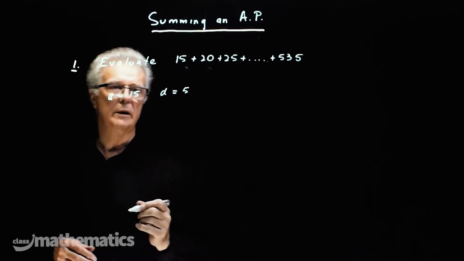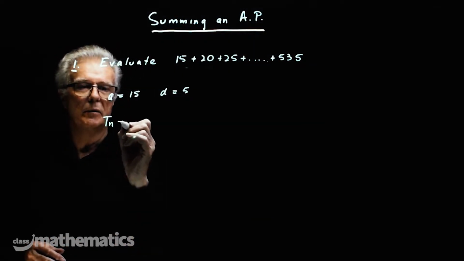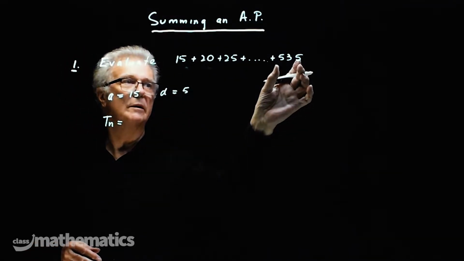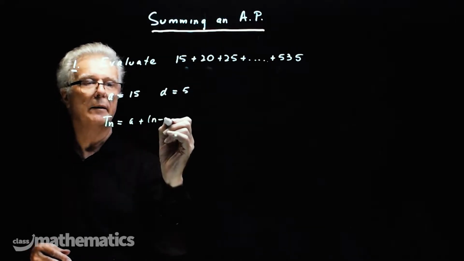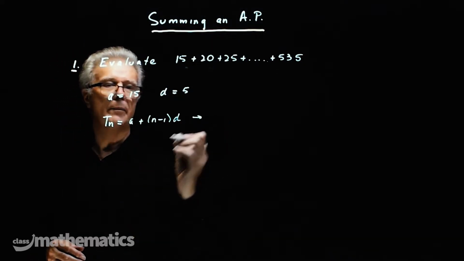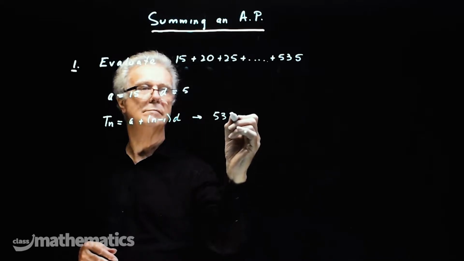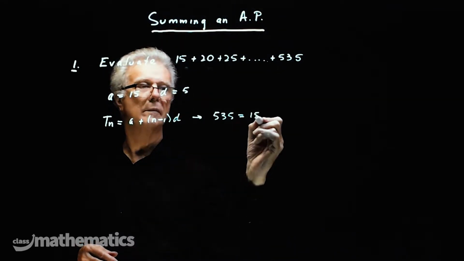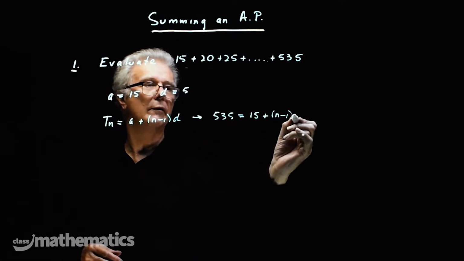Now the formula we'll need to use here is the nth term formula, because we'll need to work out how many terms we've got, so we look at the last term to work that one out. So we use Tn equals a plus (n minus 1)d. So that becomes 535 equals the first term, which is 15, plus (n minus 1) times the 5.